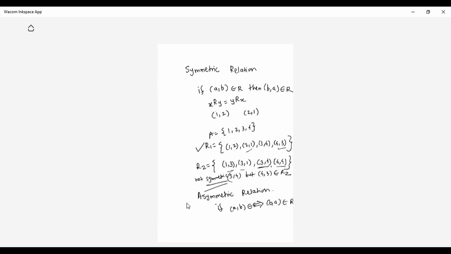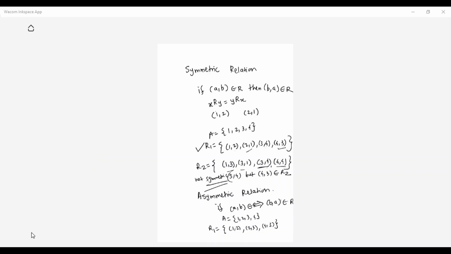We'll take a simple example and you will come to know what it is. Suppose A is equal to 1, 2, 4. Now tell me, student, R1 is 1 comma 2, 2 comma 3 and 4 comma 3. Quickly type in the chat box whether it is an asymmetric relation.